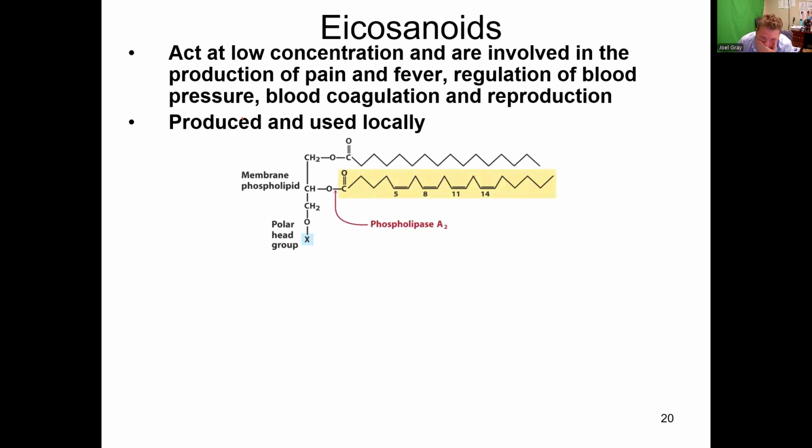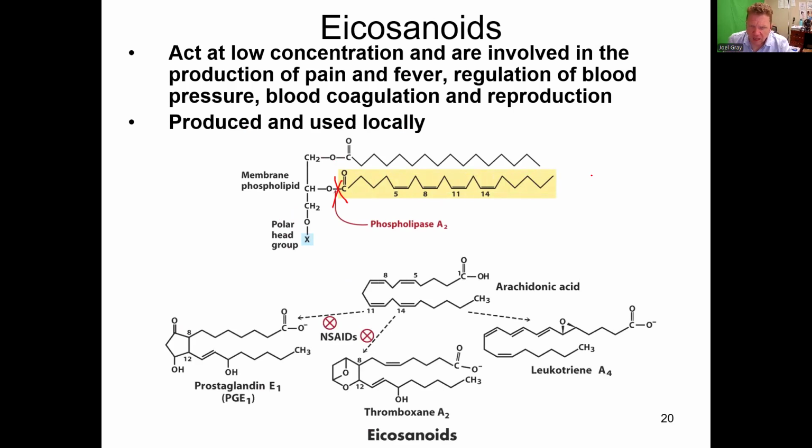So here what we have is a glycerophospholipid where we've got a polar head group, and then we've got phospholipase A2 that comes along and cuts off our fatty acid there. That fatty acid is 20 carbons long.